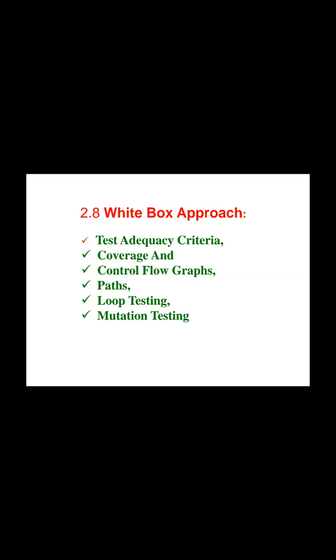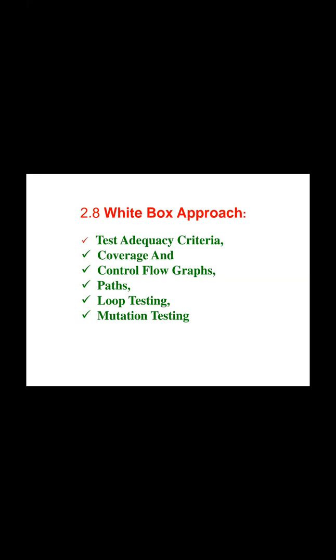And mutation testing is where we create a mutant for the given program. We will have the original program. For the given original program, we will create a mutant program, apply the inputs on the mutant program, and check whether the original program and the mutant program are producing the same result or not. If both are producing the same result, then there is some error in the project.